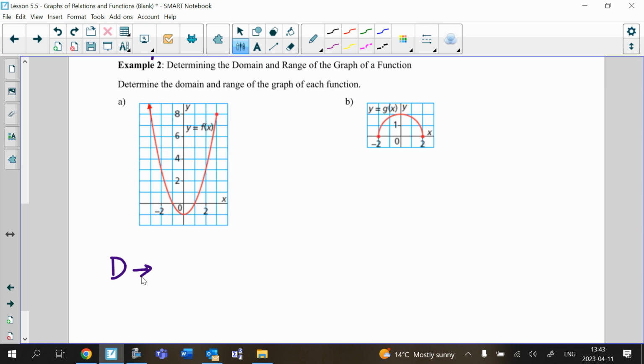How do I write that using set notation? How about range? What's the y value of the lowest point? I'll find the lowest point. Its y value is -1. And we include it, so we put a bracket.